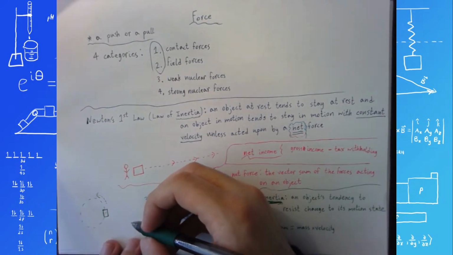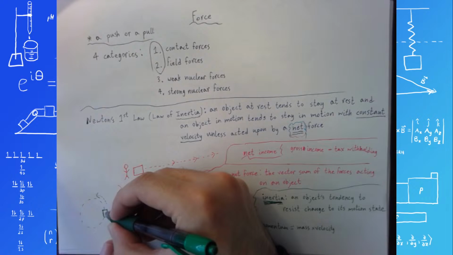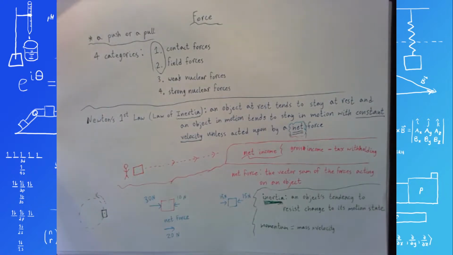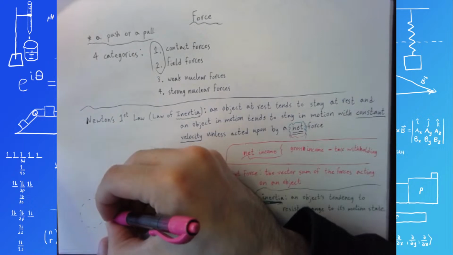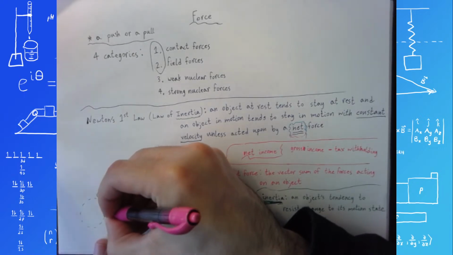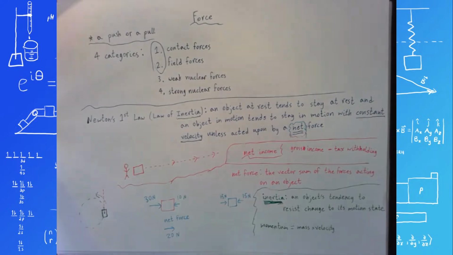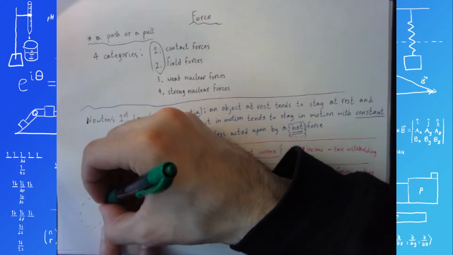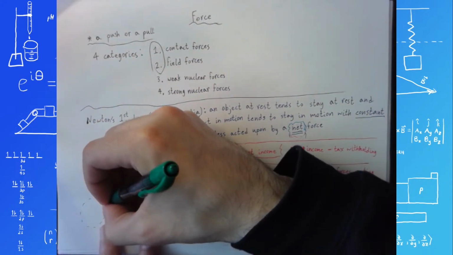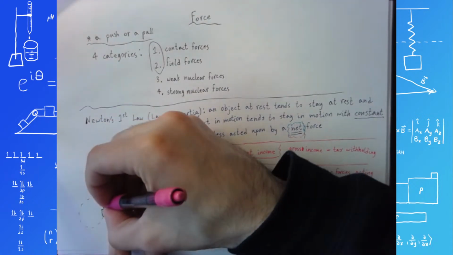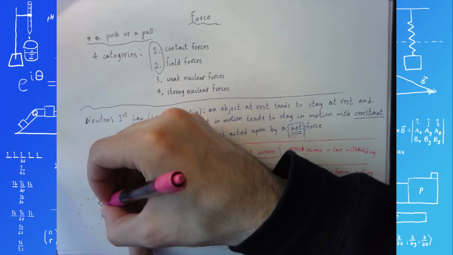And the person inside the car feels like they are being flung outward. Why is that? Well, that's because the person in the car is trying to continue moving in a straight line. And the car itself turns. And so the person in the car finds themselves being pulled here to the side of the car.